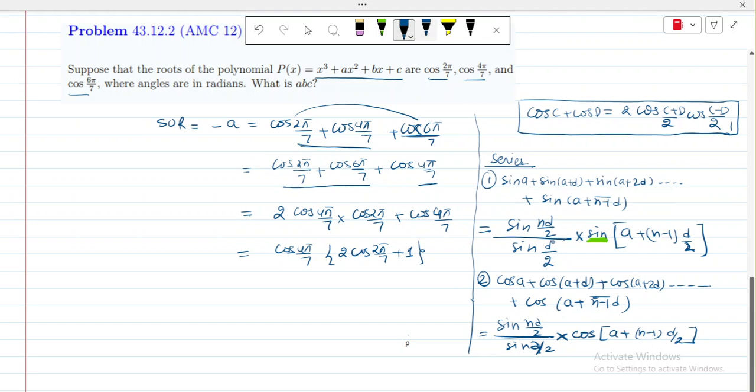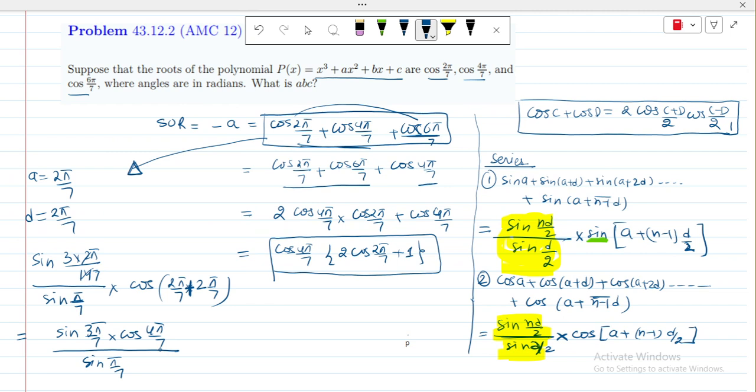So overall it becomes sine 3 pi by 7 into cos 4 pi by 7 divided by sine pi by 7. Okay. So you can apply sine 90 minus theta. So pi by 2.